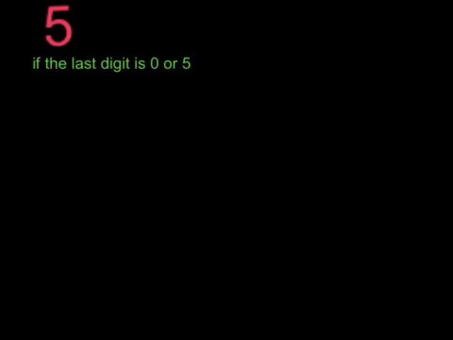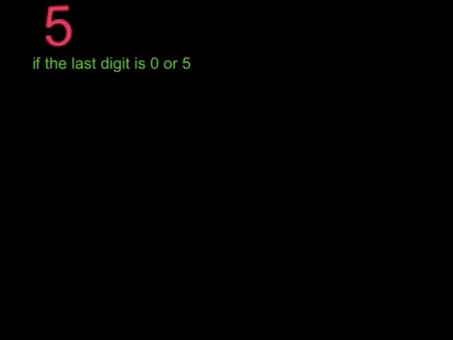Let's try another example. What if our number was 365? Is this number divisible by 5? First, we have to look at the last digit. Is the last digit of this number 0 or 5? Yes, the last digit is 5. So 365 is divisible by 5.